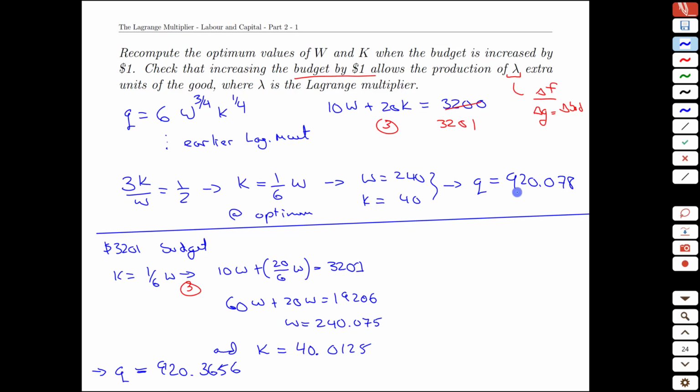So we've seen a little increase in the productivity, and we can actually estimate that. The change in production is going to be that minus that, or 0.287 units. So a small increase in the budget, only $1, has a small impact on the quantity produced, but we can predict what that is going to be.